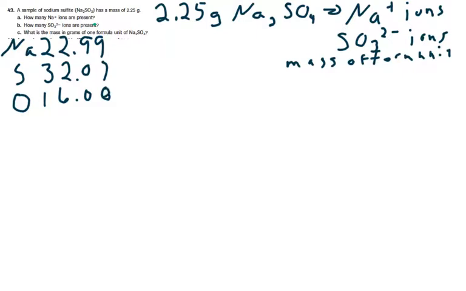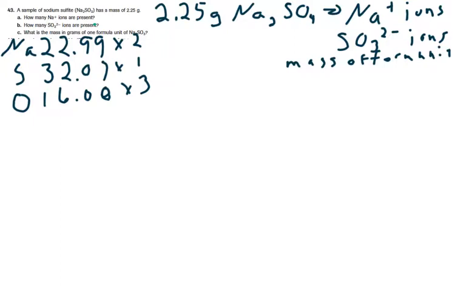Sodium from our formula, we got 2. Sulfur, we have 1, and oxygen, we have 3. And we run through our calculator, do the 22.99 times 2 plus 32.07 times 1.